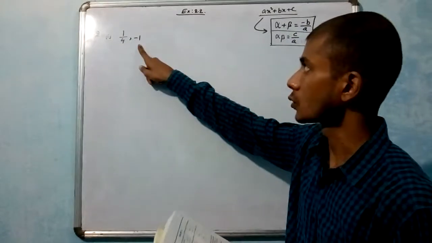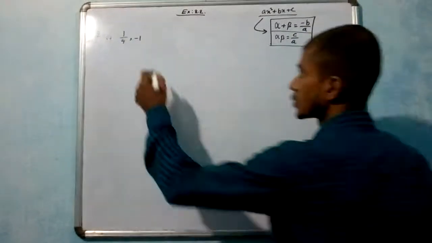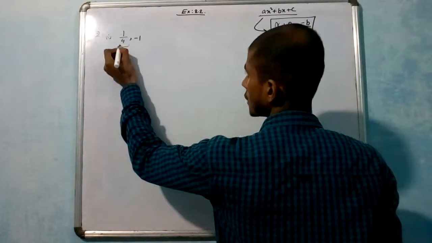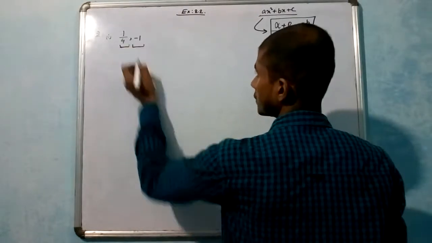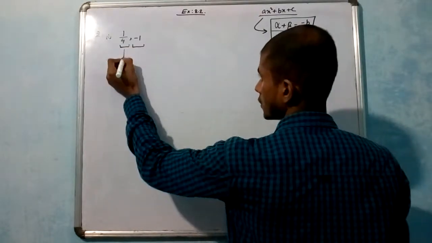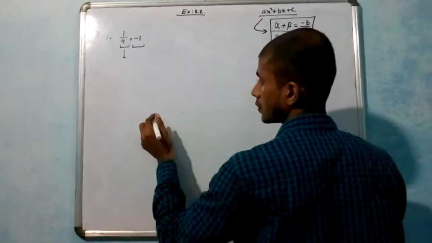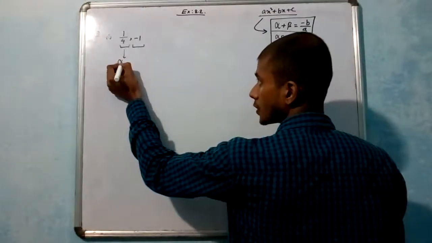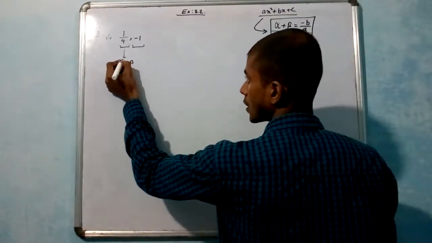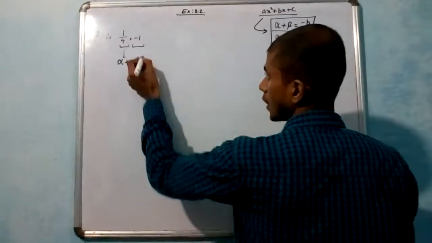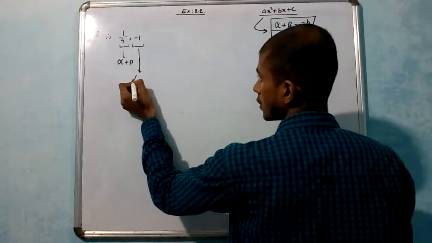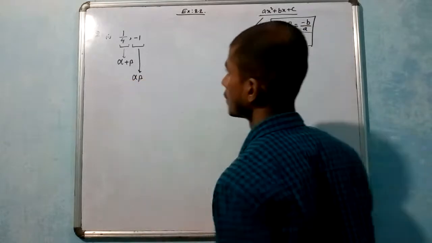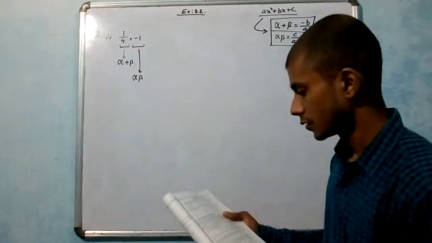Sum and the product of the zeros means these given numbers, two numbers are there, no? This and this. So what is the first one? Sum of the zeros, alpha plus beta. The first one is alpha plus beta, and the second one is alpha into beta. Did you get that?